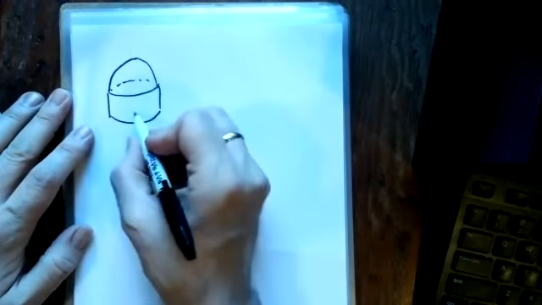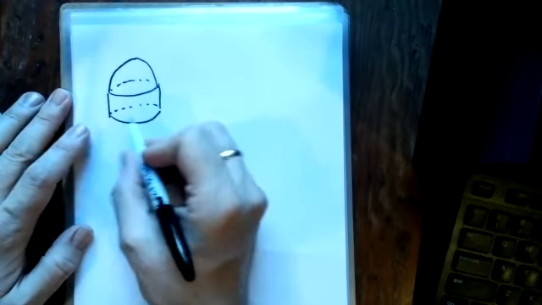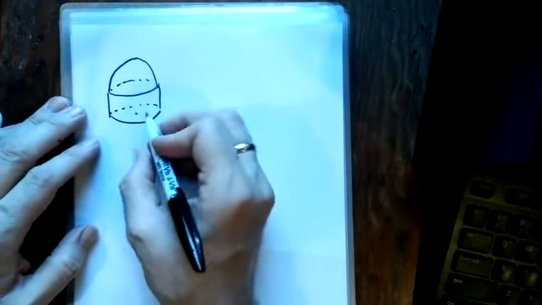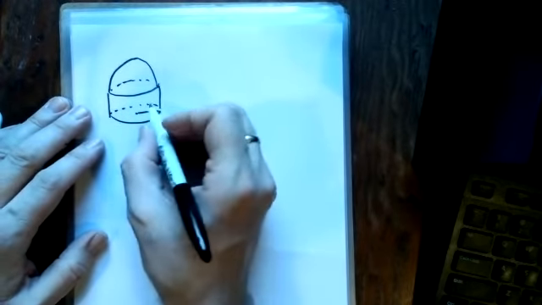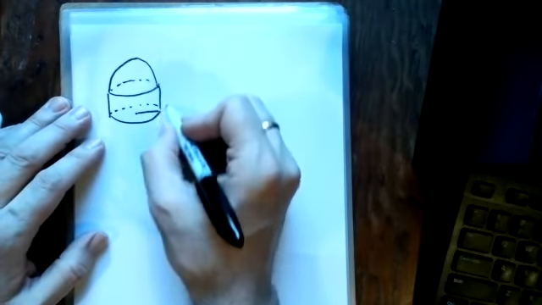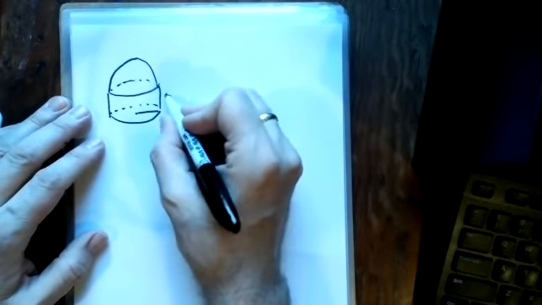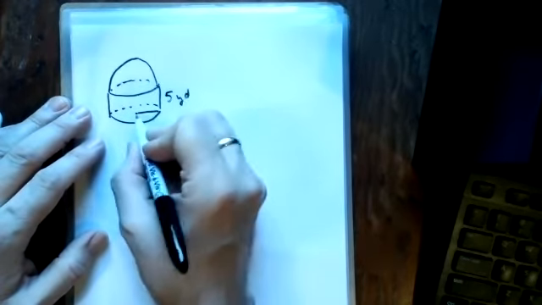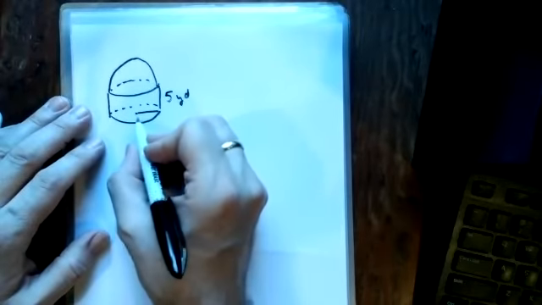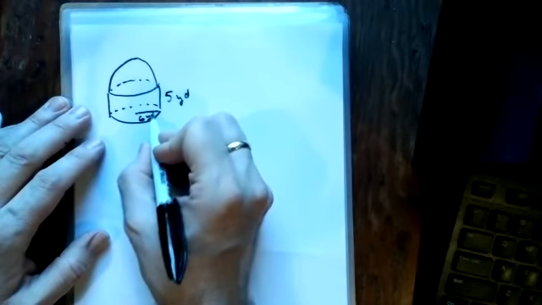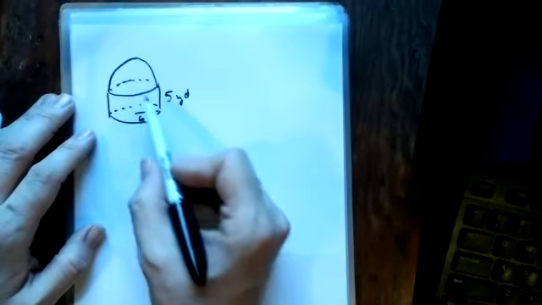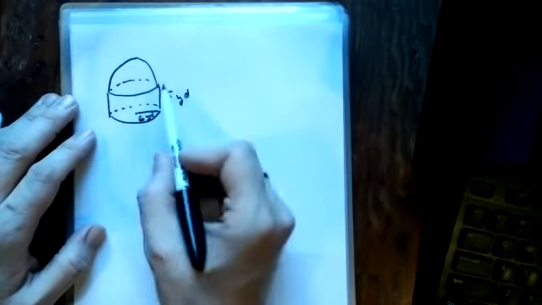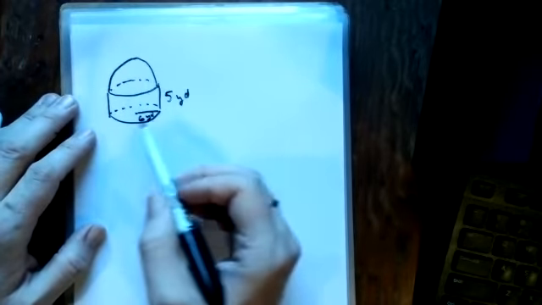Okay, well, our process is going to stay pretty much the same, but we're going to need to do a little bit of extra figuring. So I've got this is 5 yards, and the radius of this is 6 yards. Literally all I'm doing is figuring out what the volume of each of these shapes would be.